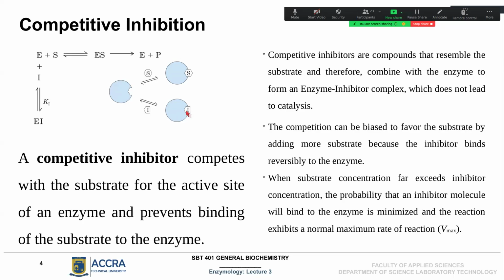And the more substrate you add, you increase the probability of the enzyme binding to the substrate. So you can actually undo the activity of a competitive inhibitor just by introducing more substrate into the reaction mixture to go and displace the inhibitor. So the reaction can then continue, even all the way to the maximum rate of the reaction.